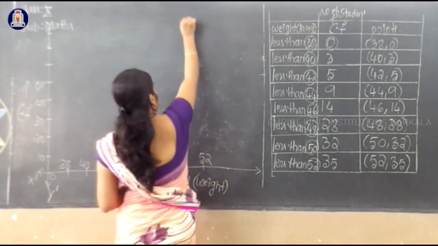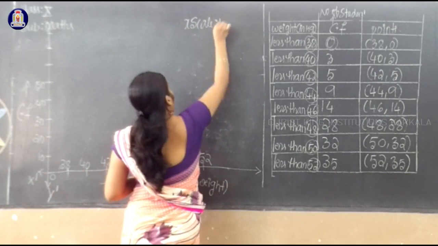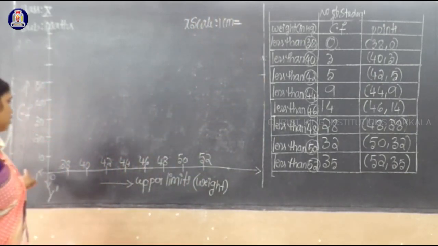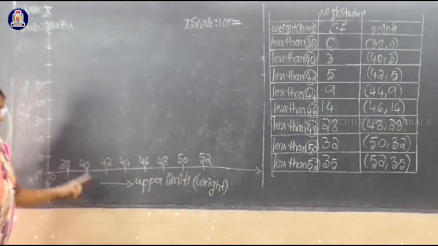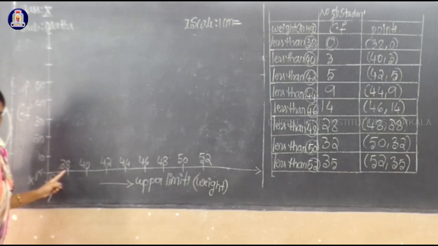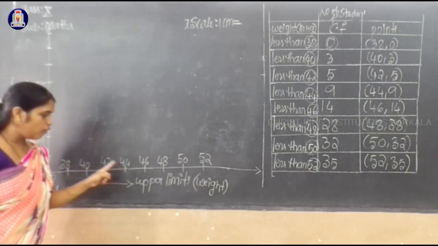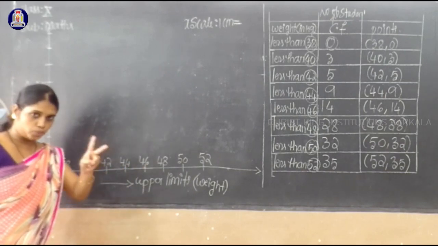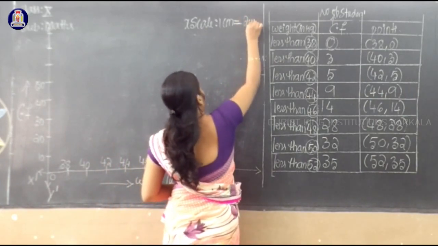Here I'll write x scale. 1 centimeter is equal to how many units? See, 40 minus 38, 2. 42 minus 40, 2. 44 minus 42, 2. 46 minus 44, 2. So therefore 1 centimeter is equal to 2 units.